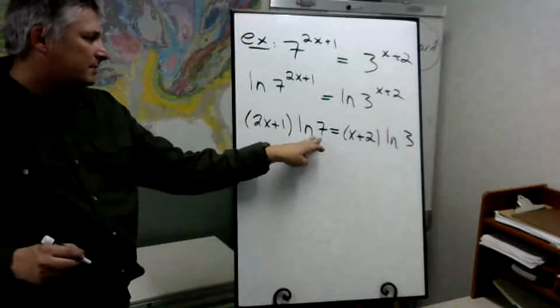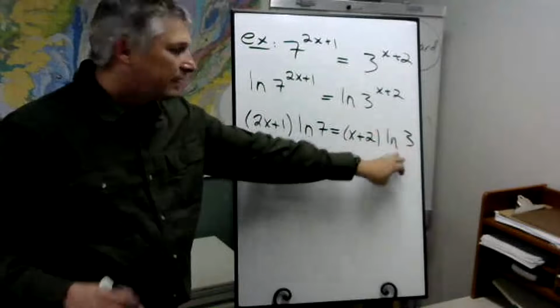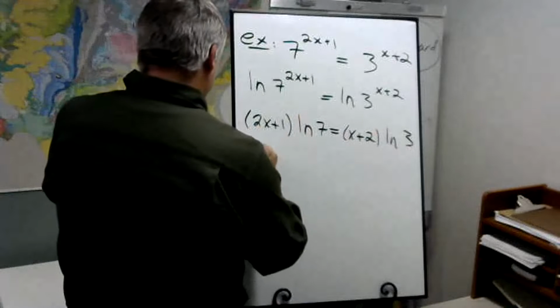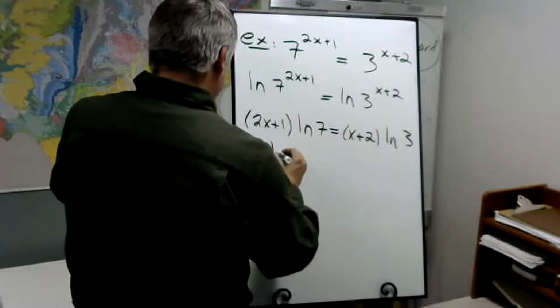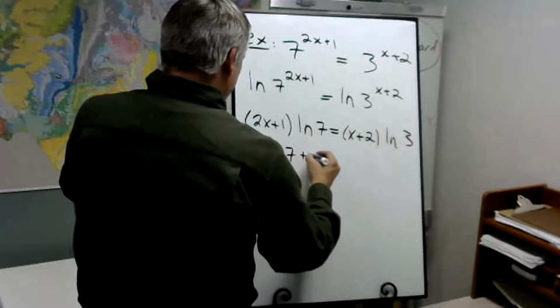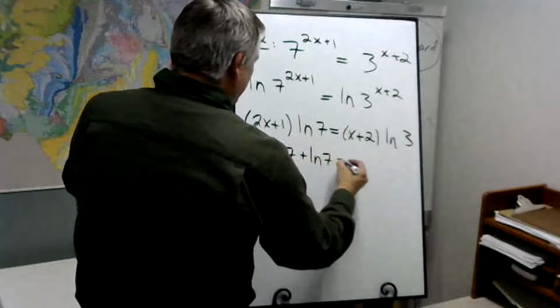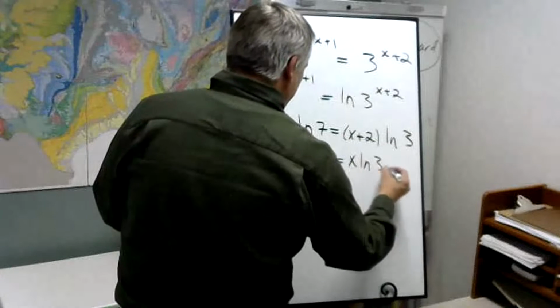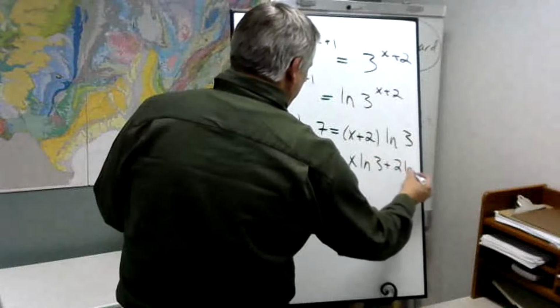Now we got to distribute the natural log 7 and the natural log 3. So we'll distribute this. We'll get 2x natural log 7 plus natural log 7 equals x natural log 3 plus 2 natural log 3.